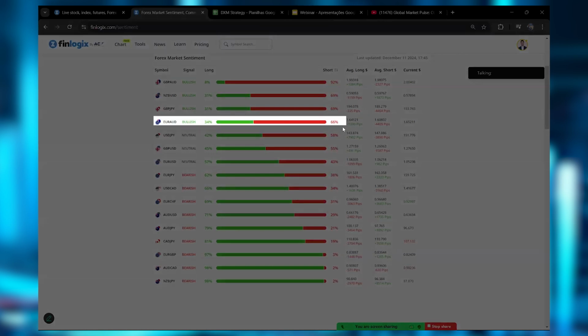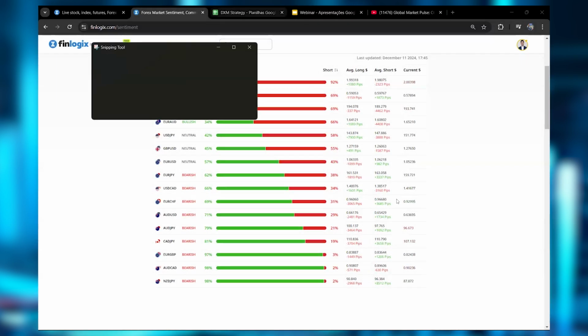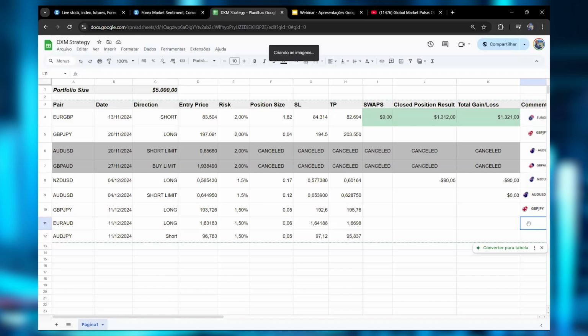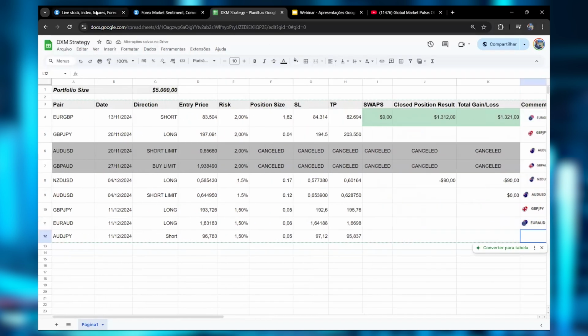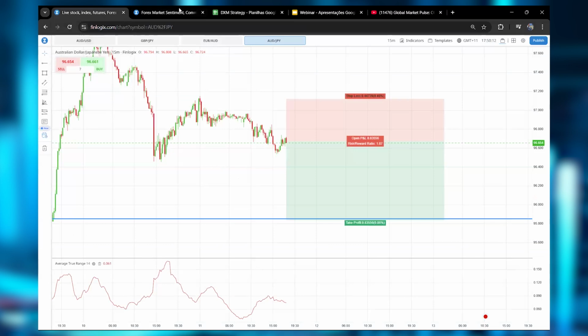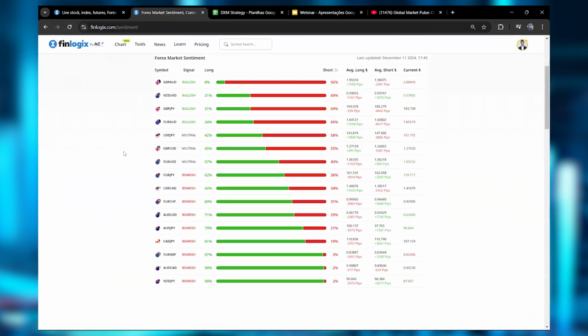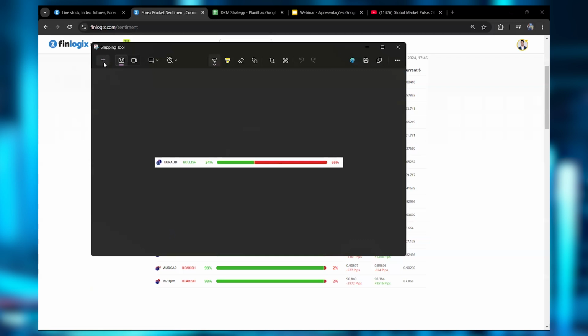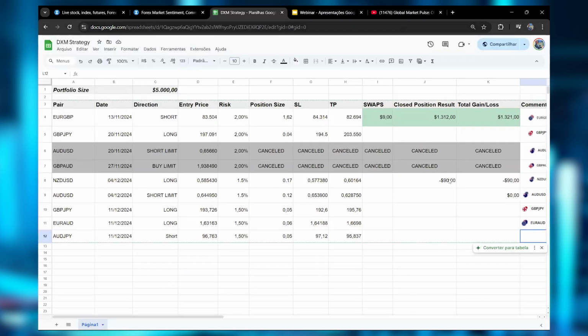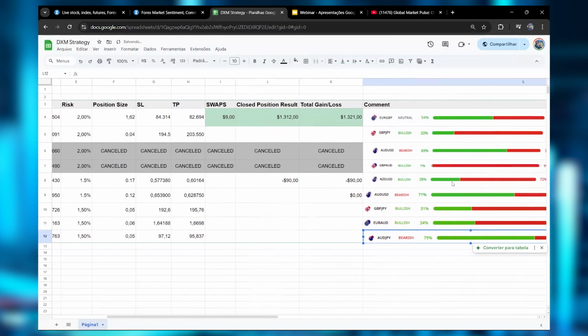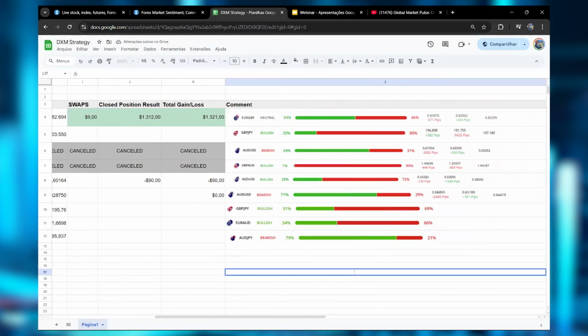EURUSD is right here. And then the next currency is Aussie JPY. Aussie JPY short right here. Aussie JPY. Done.